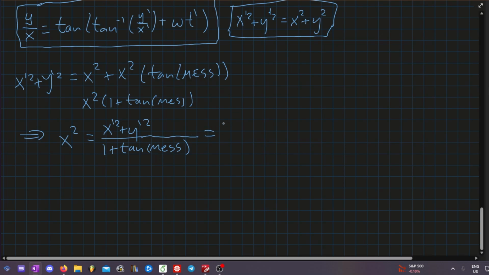And this is just x prime squared plus y prime squared over secant squared of the mess, just by trig identities.